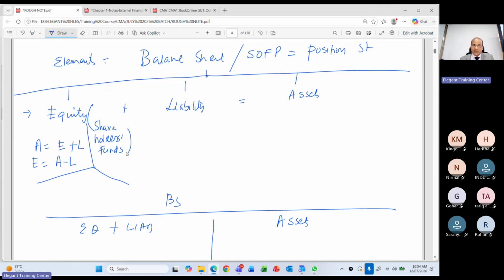Now, shareholders equity, the components: one is share capital, then retained earnings. These are components of equity. So who can tell me what are the components of equity, Rohan?